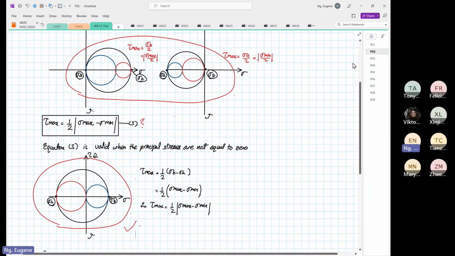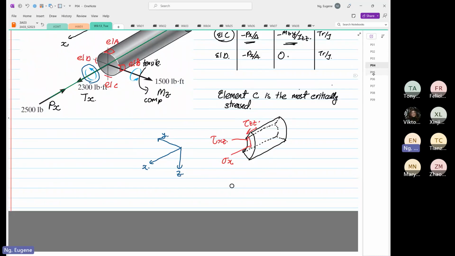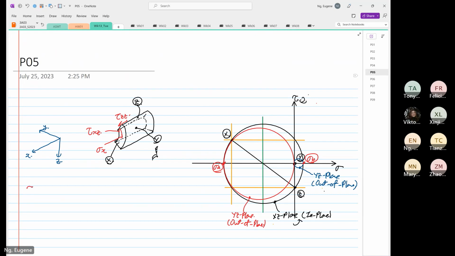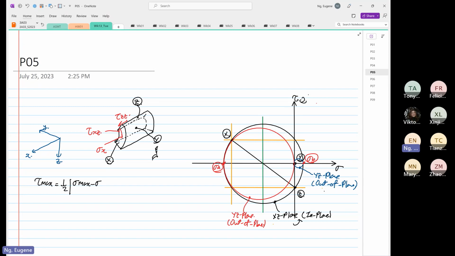So for this case, the tau max is equal to half the absolute value of stress max minus stress min. Because your maximum stress is not equal to 0. So you have to construct this 3D Mohr circle to see which condition we can use.